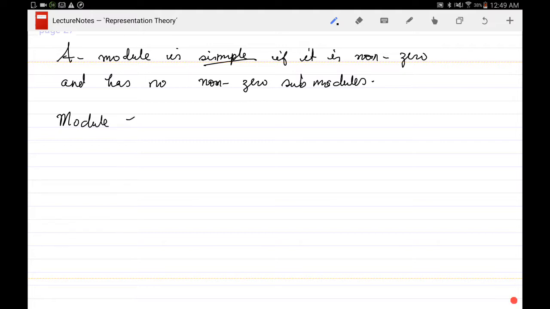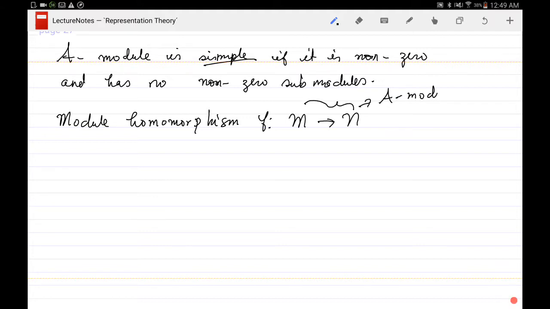So a module homomorphism f from M to N. M is an abelian group, N is an abelian group, and both of them are A modules.